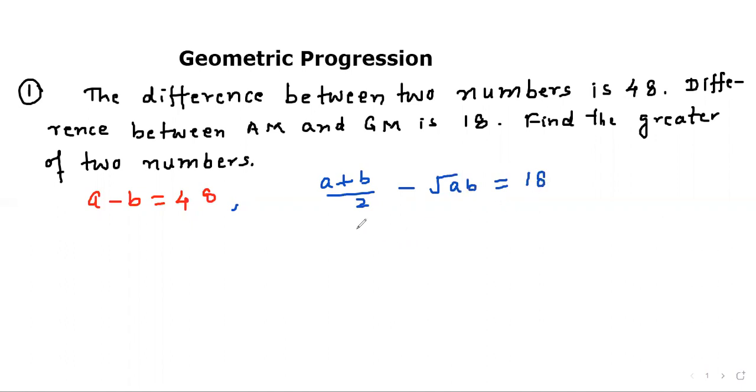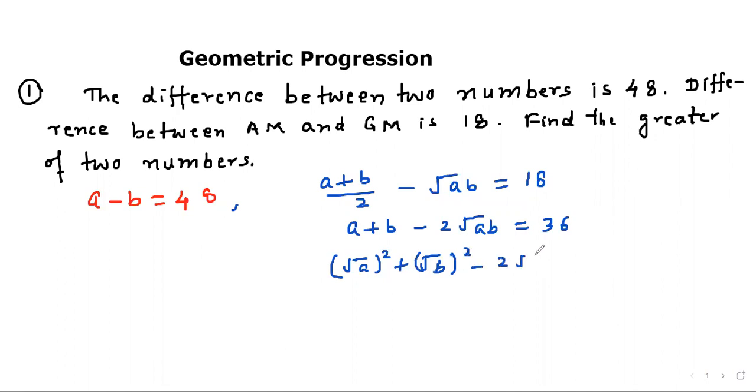So A plus B minus twice root AB will be 36, or we can write it as (root A) whole square plus (root B) whole square minus twice of root A times root B equals 6 square.